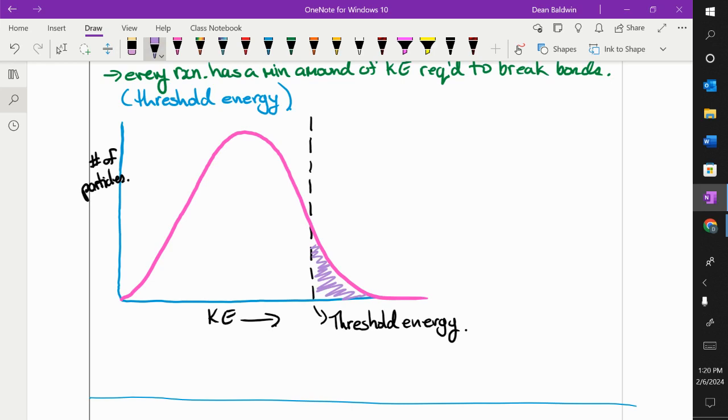Particles, I'll call them molecules, whatever, particles with enough kinetic energy to react. They exceed the threshold energy, and if they collide with the right geometry, you will get a reaction. Most of the molecules are over here.